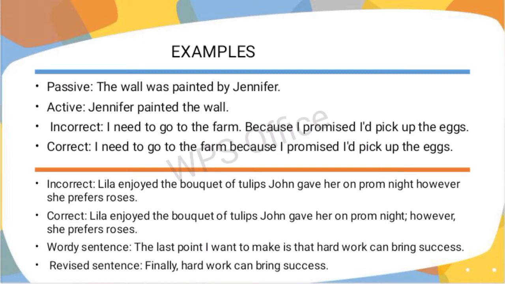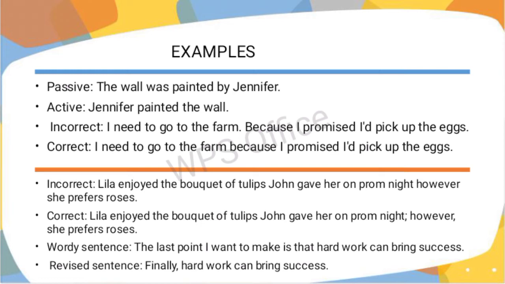Next is, I need to go to the farm. Because I promised I'd pick up the eggs. And the correct one is, I need to go to the farm because I promised I'd pick up the eggs. This belongs to sentence fragments, because from the first sentence, you see that it is two sentences, while in the correct sentence, they are all gathered.